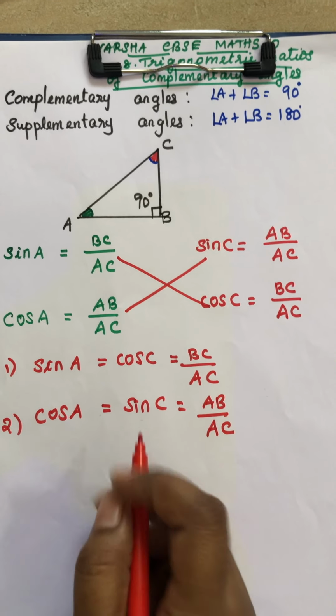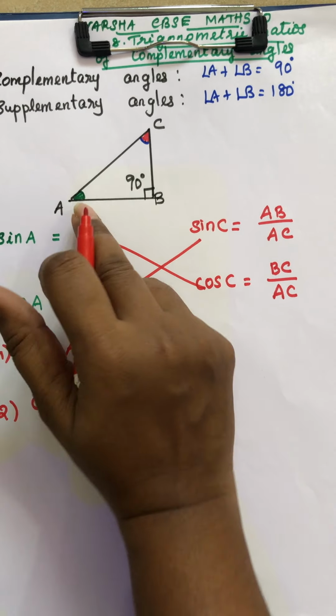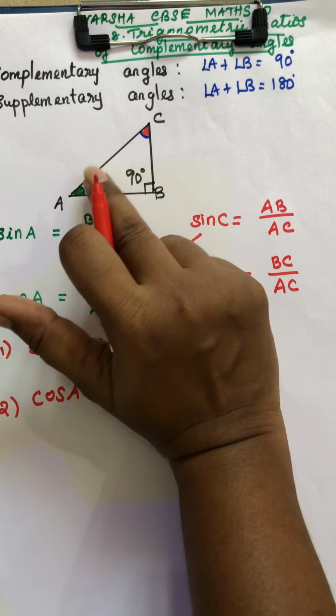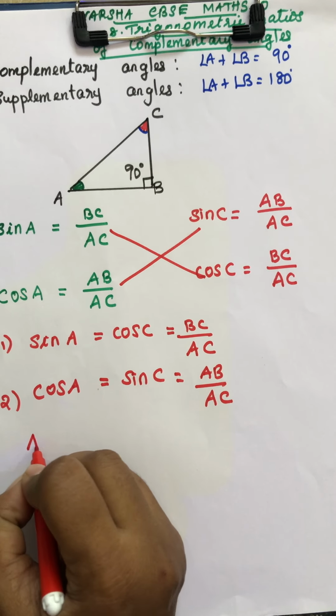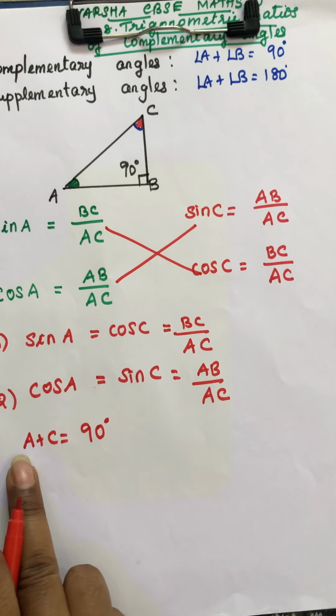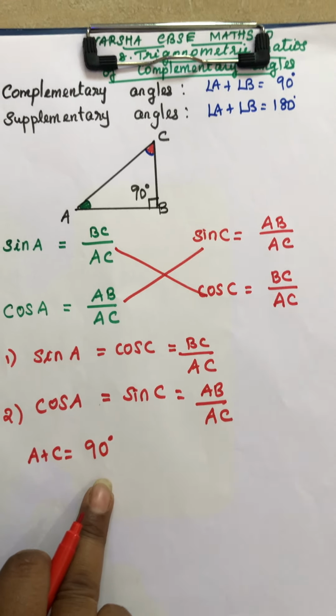What is the relation between A and C? A and C are complementary angles. When you add A and C, it will definitely be 90 degrees. Why?